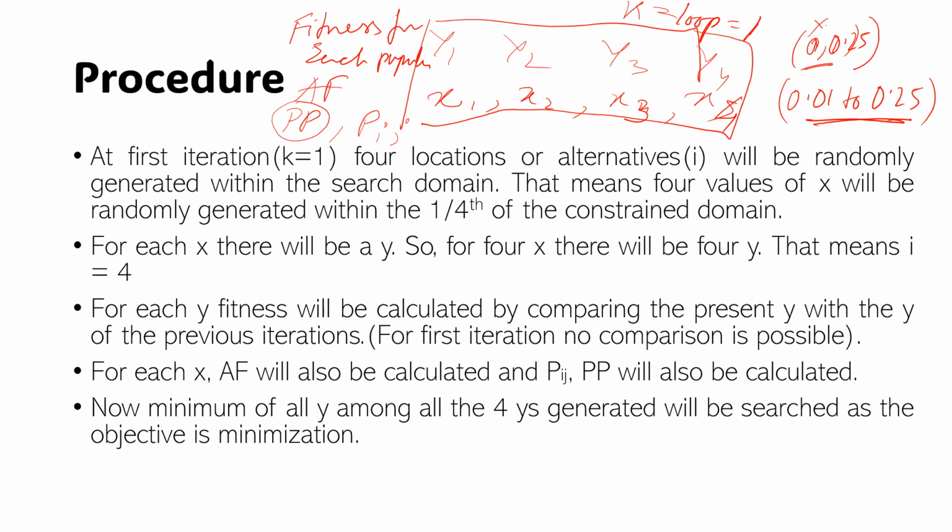J is your variable, I is your number of population. So for each population or for each value of X, you have to calculate one probability. So here I told you incorrectly. This PP is also to be calculated for each I, I means for each location, and for each iteration also.